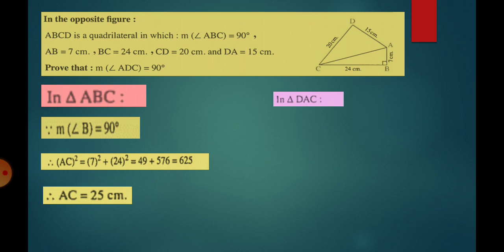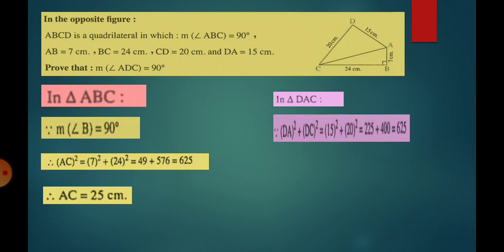AD power 2 equals 15 to the power 2. DC power 2 equals 20 to the power 2. Then the sum of AD power 2 plus CD power 2 equals 15 power 2 plus 20 power 2 equals 225 plus 400 equals 625.